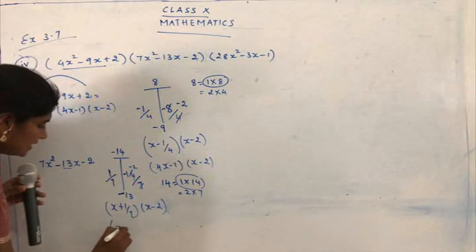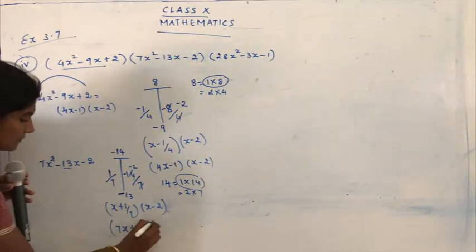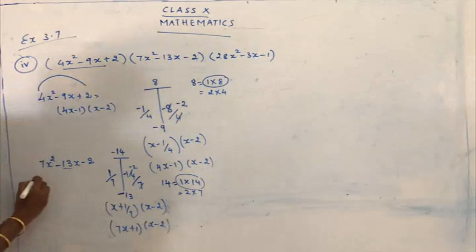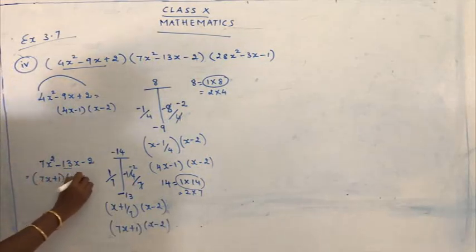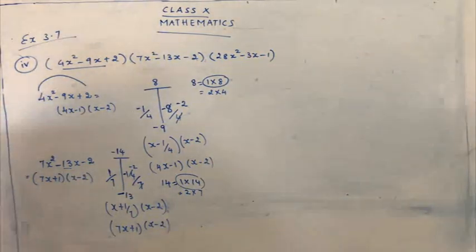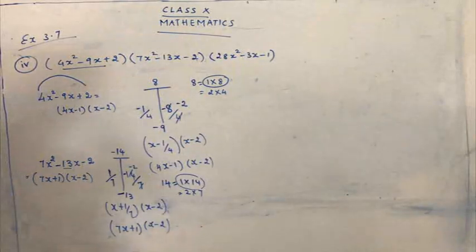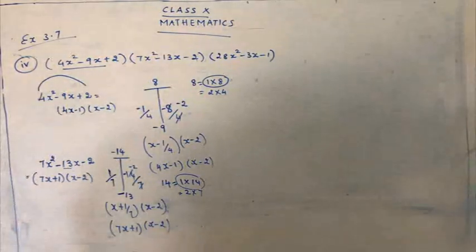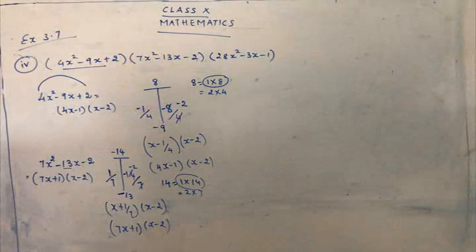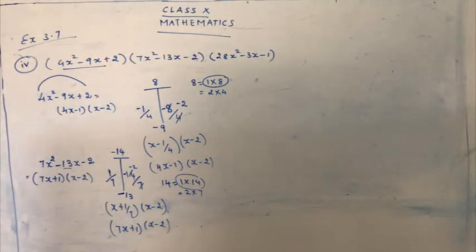So this is 7x plus 1, x minus 2. So we have factorized the second part. For the first part we got the answer 4x minus 1 x minus 2. From the second part we have got the factors as 7x plus 1 x minus 2. Let's go for the third part.